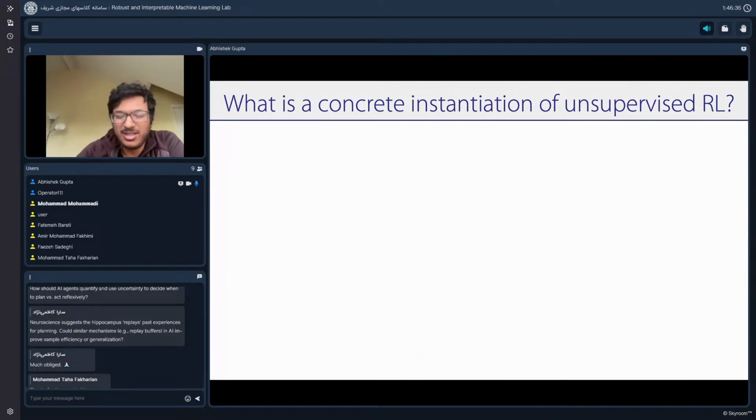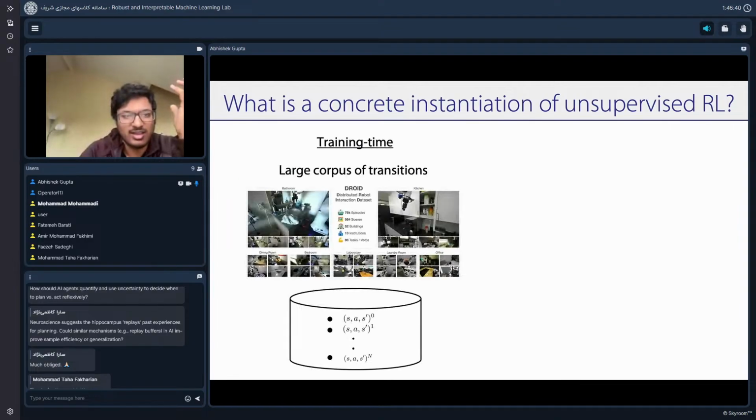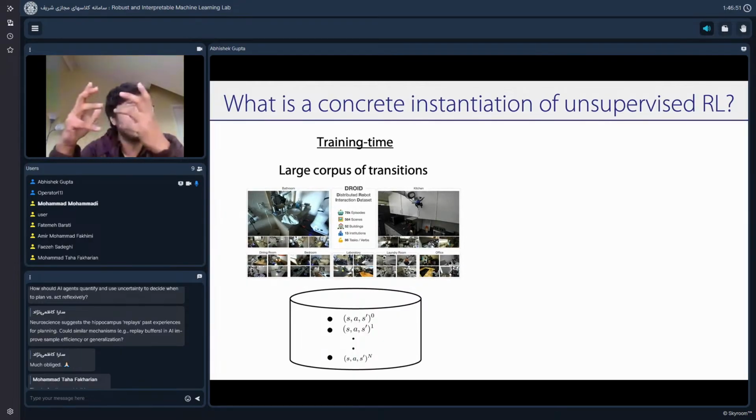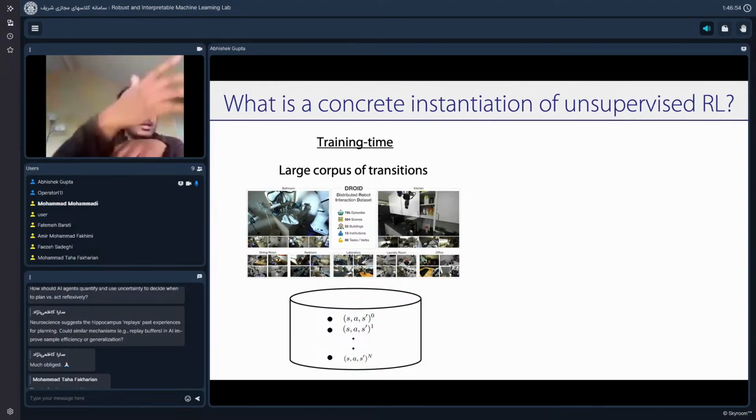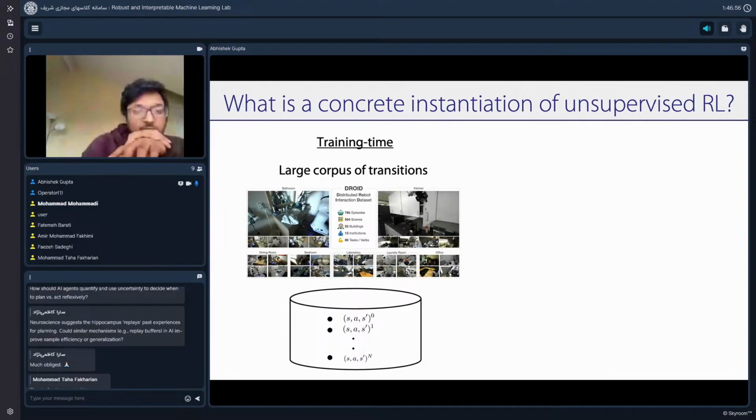If we think about what that might look like, you start with a large corpus of transitions, let's say transitions of states, actions, next states, or observations, actions, next observations, things that look like this large DROID data set over here. These are collected without a particular task in mind.